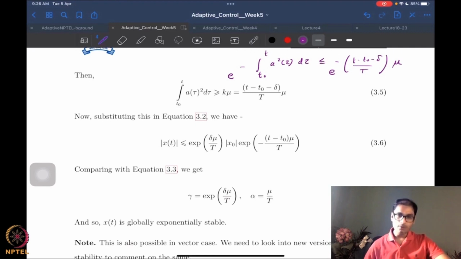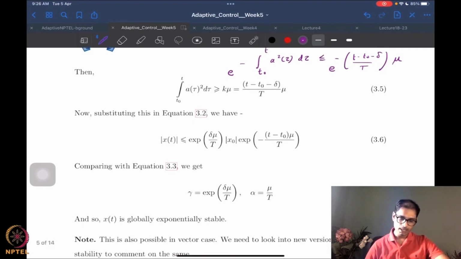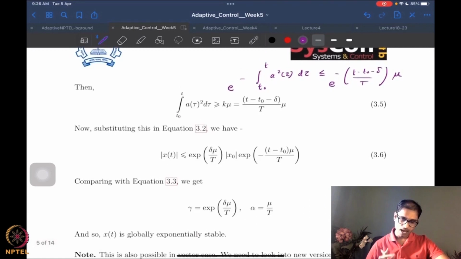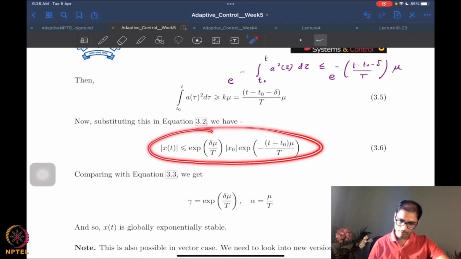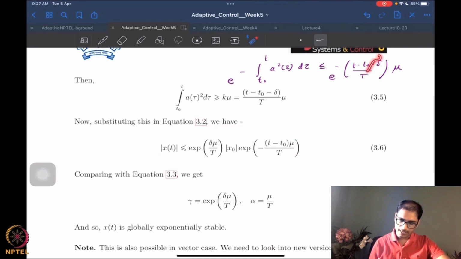Okay, so what did I obtain? What I have obtained is this kind of an expression right here, because I take this delta and mu and T separately outside, and then the t minus t0 piece inside this.